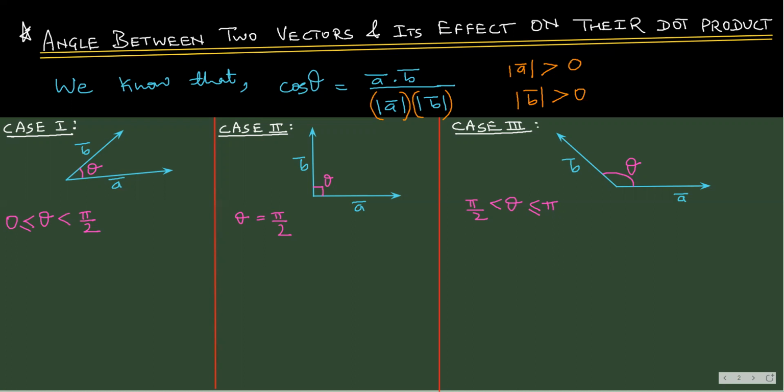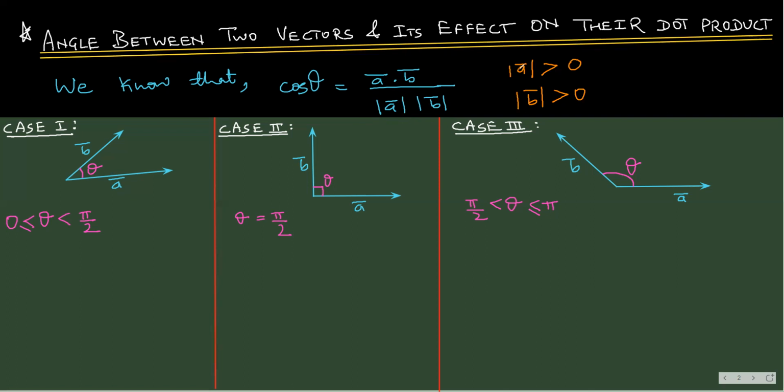Magnitude cannot be negative. Magnitude can definitely be 0 when it is a zero vector, but that is not the case here. When we are defining the dot product, the denominator is not 0. So what we have to understand is, in this formula, cos theta equals a bar dot b bar upon mod a bar mod b bar.